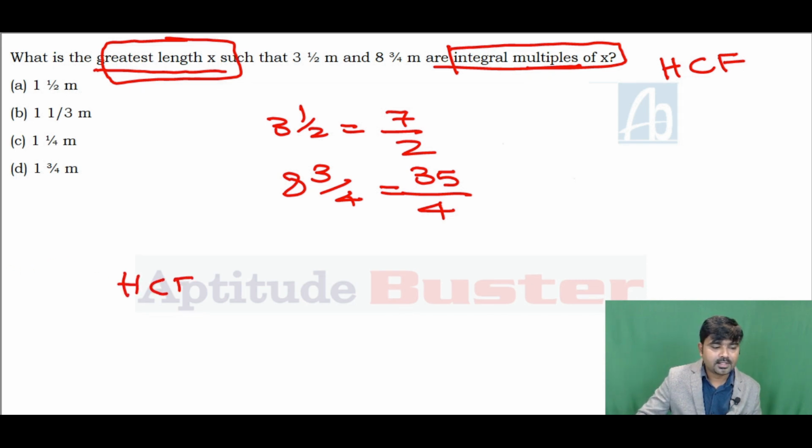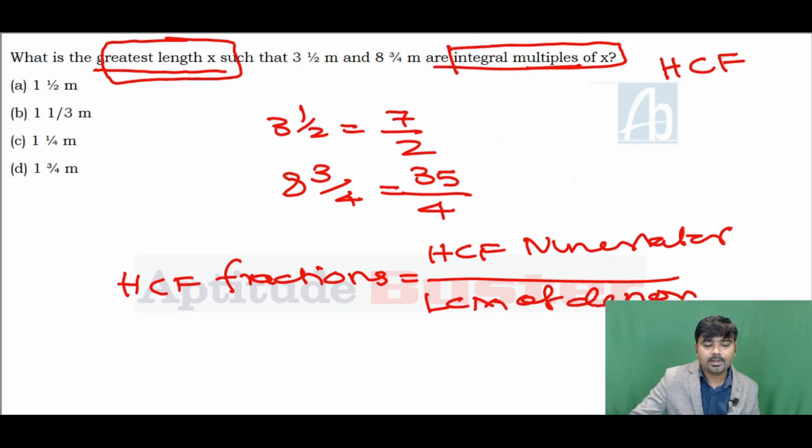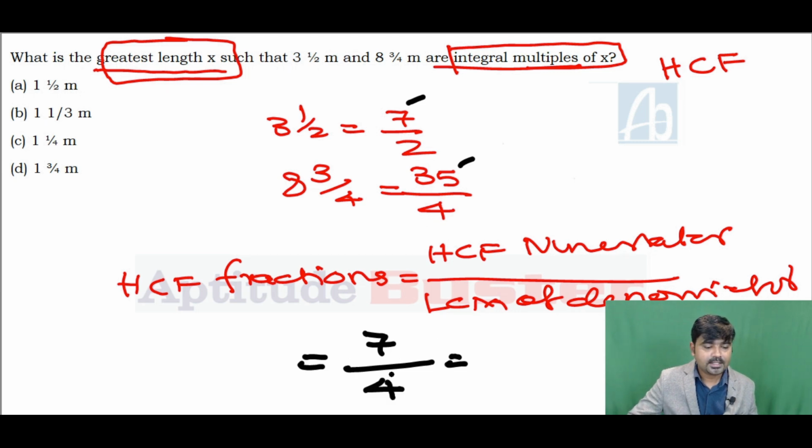HCF of fractions is equal to HCF of numerators divided by LCM of denominators. Okay, here what's the numerator? 7 and 35. What's the HCF of numerators? That is 7. Okay, and LCM of denominators 2 and 4, so 4 is the LCM. So 7 by 4, 1 3 by 4. So the answer for this question is 1 3 by 4.